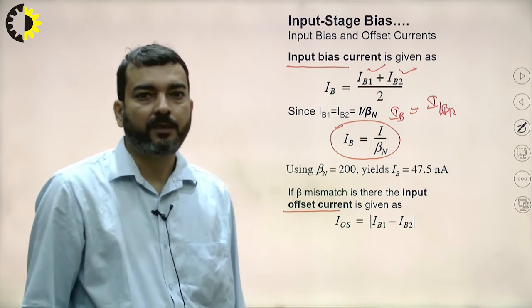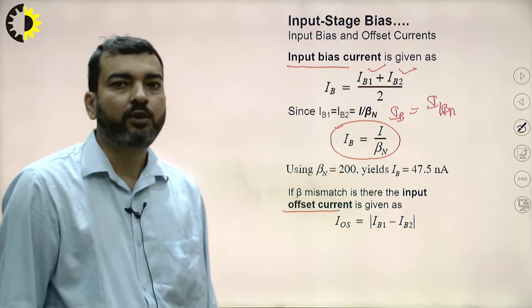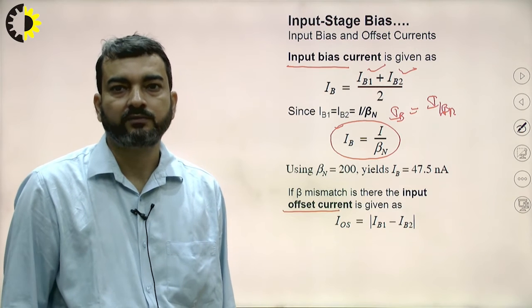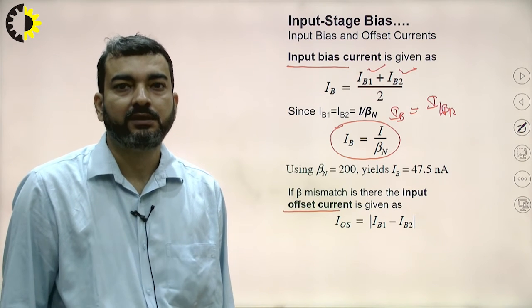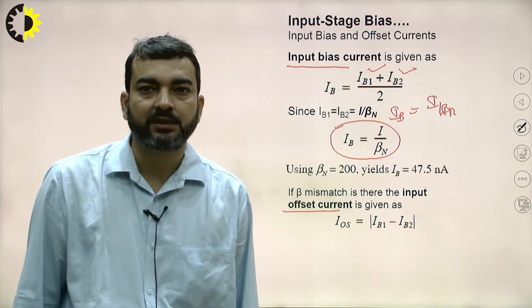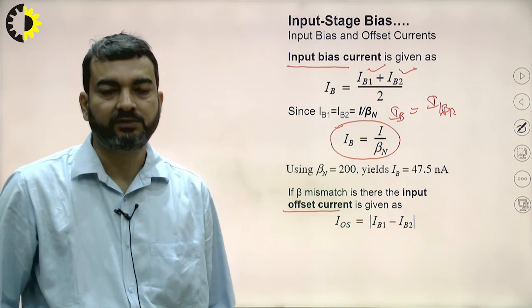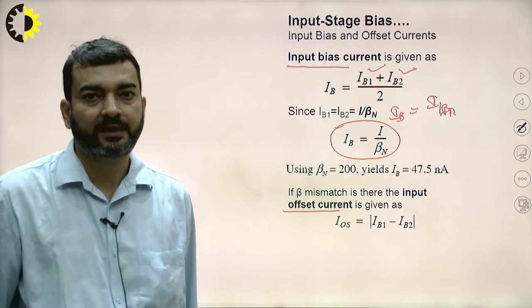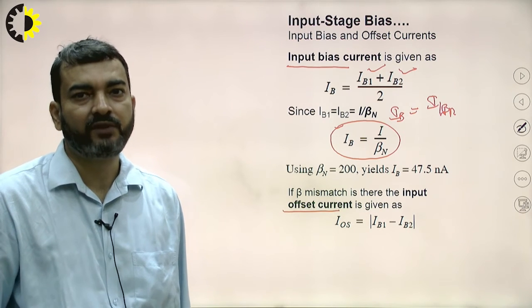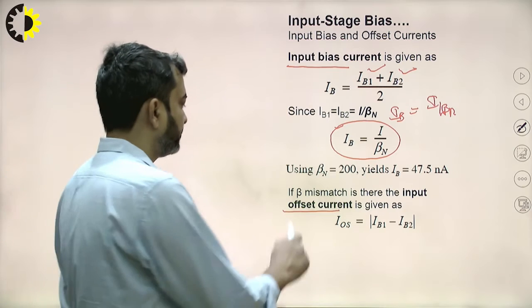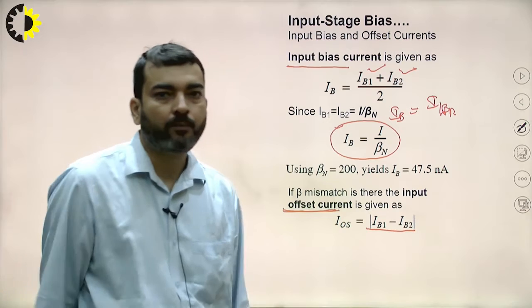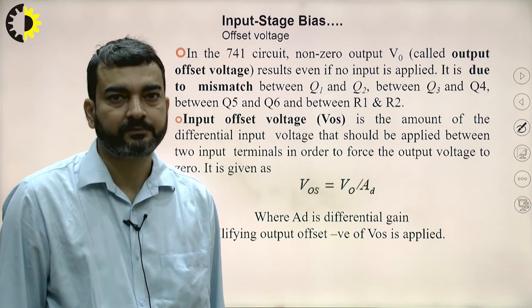So what is the offset current? If both input transistors Q1 and Q2 are not perfectly matched, there is some beta mismatch, meaning the betas of transistors Q1 and Q2 are different, then in that case we will have different bias currents. So the offset current is defined as the difference of the two bias currents.